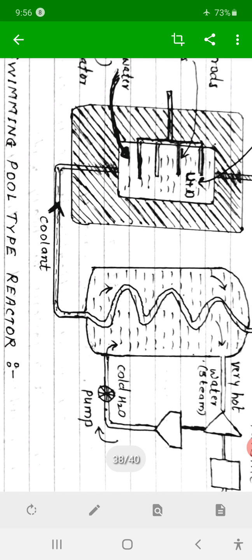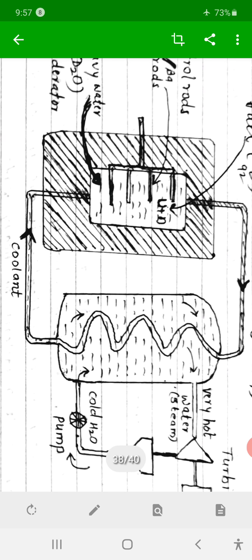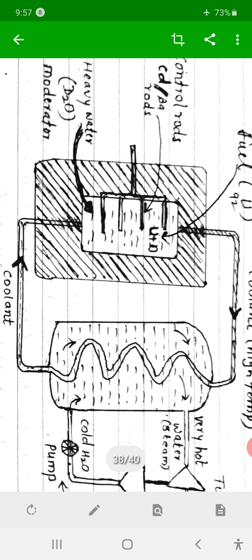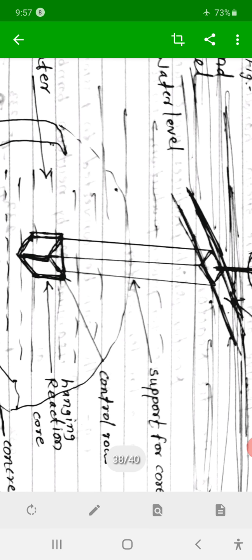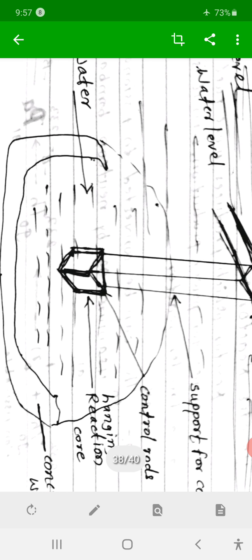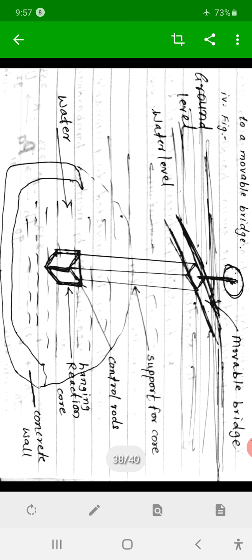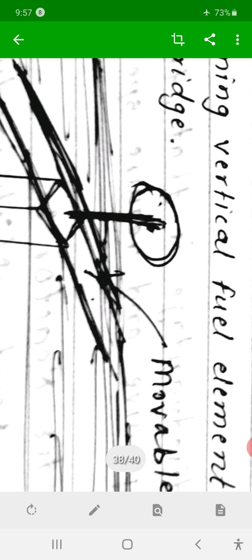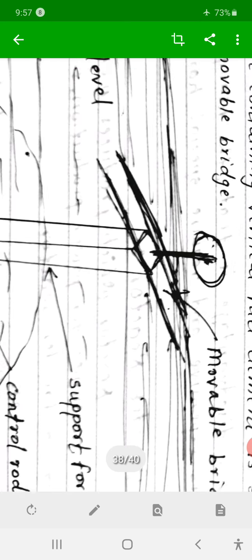In other reactors the core is fixed and the control rods and coolant are movable, but in this case the coolant and control system are fixed and the core is movable.